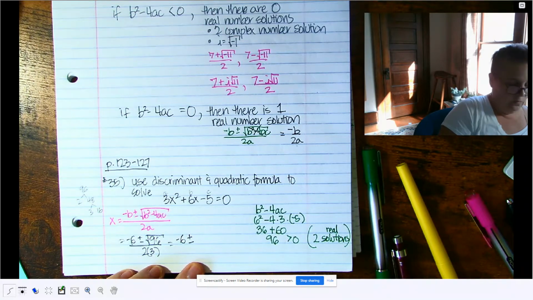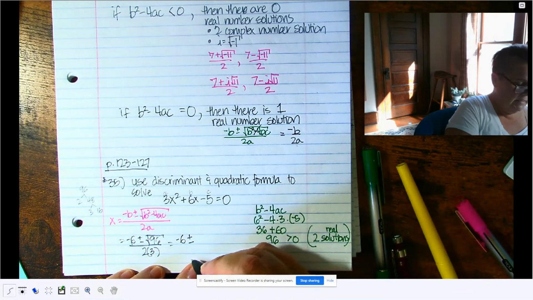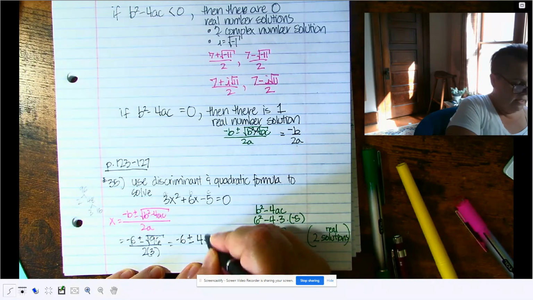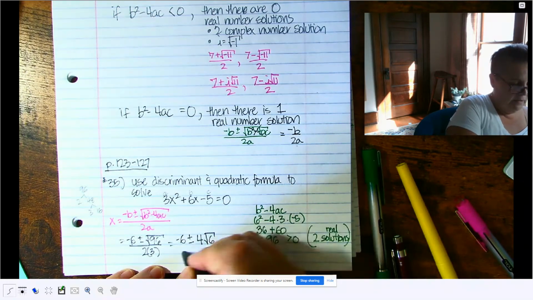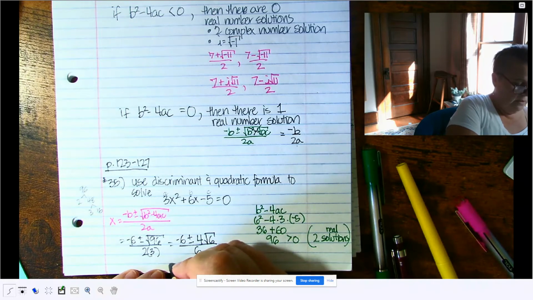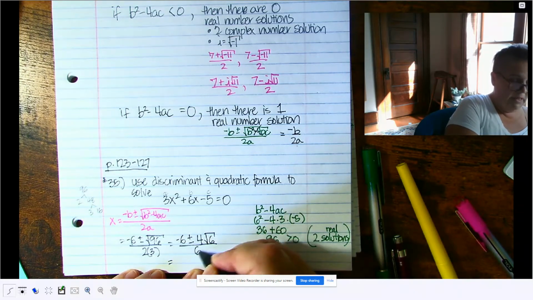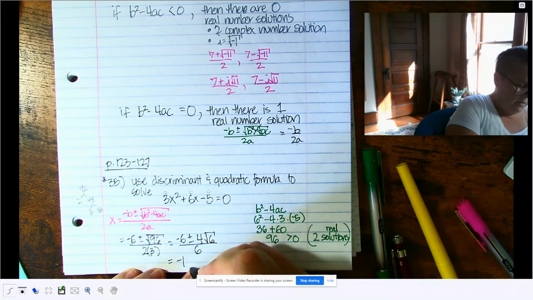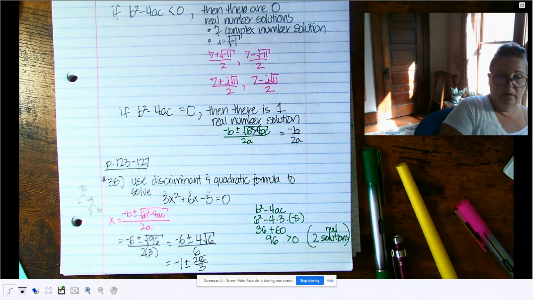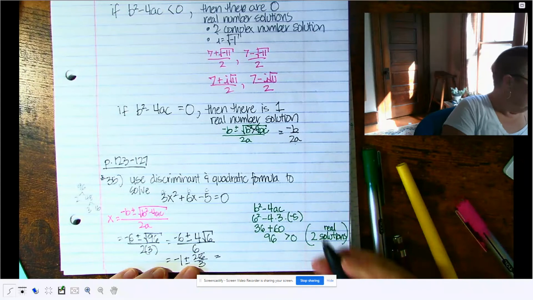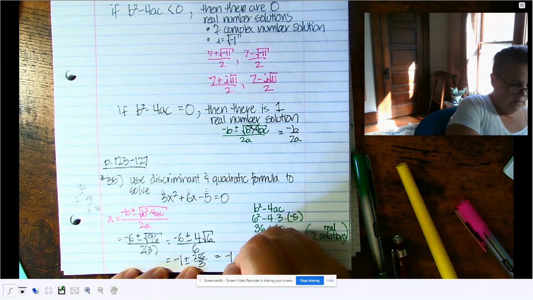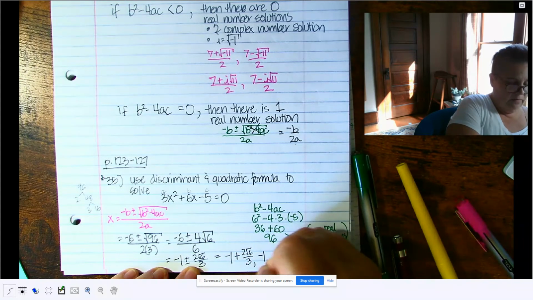So that's going to be the square root of 16, which is 4, times 2 times 3, which is 6, all over 6, or splitting this up, -1 plus or minus 2 square roots of 6 over 3. Separating those out, I've got a -1 plus 2 square roots 6 over 3, and a -1 minus 2 square roots of 6 over 3.